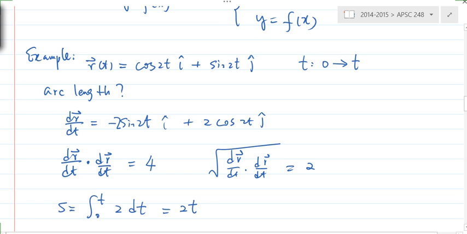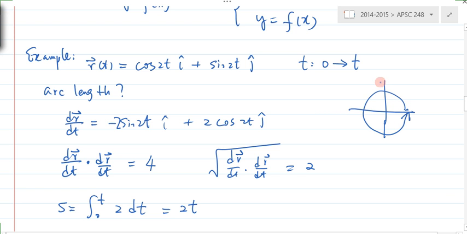How much distance did the point move as t goes from 0 to pi? 2 pi, right? As t goes from 0 to pi, the angle that the point moves is 2 pi. So basically, it moved 1 round around this circle. It's a unit circle.